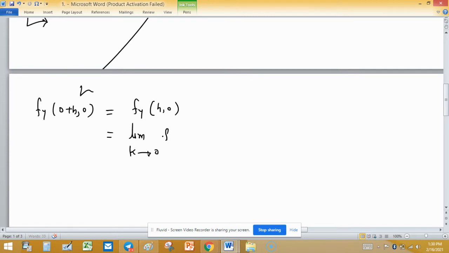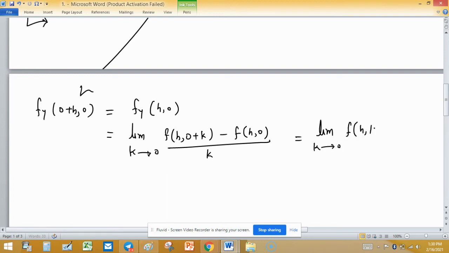So the function is f at that point (h, 0), and change the y coordinate with this k, minus f at the point (h, 0), divided by k. This equals limit k tends to 0 of f(h, k) minus f(h, 0) divided by k.